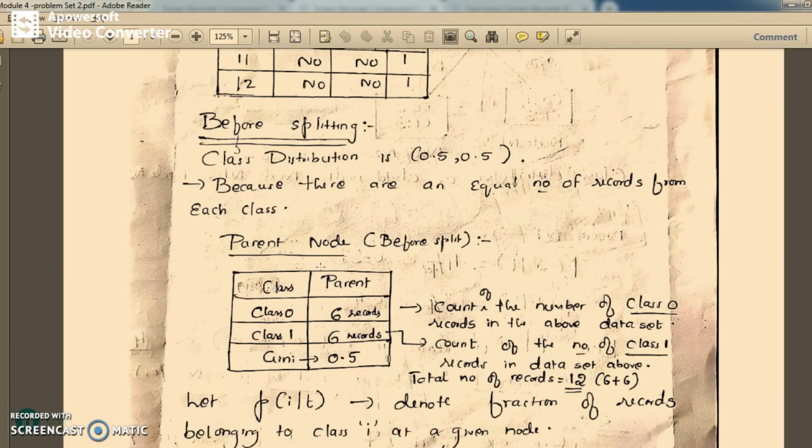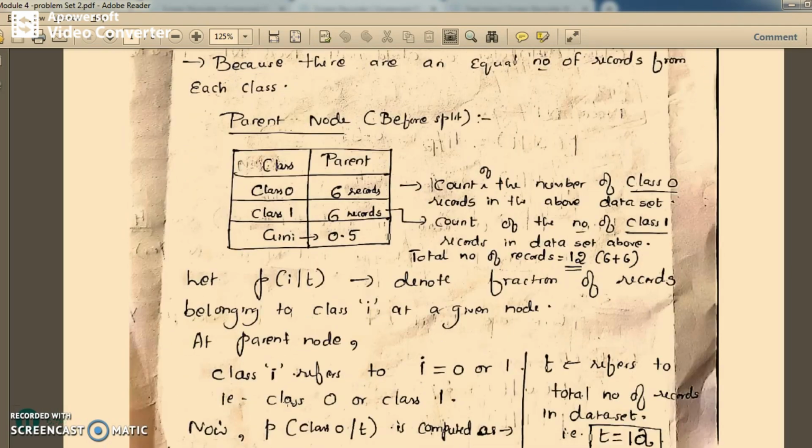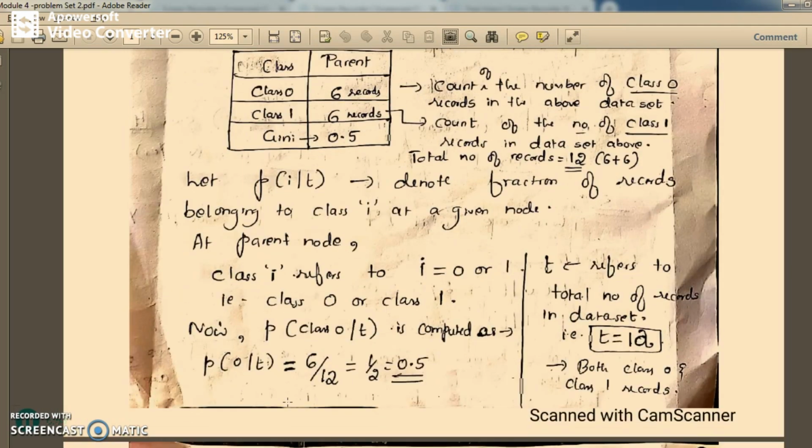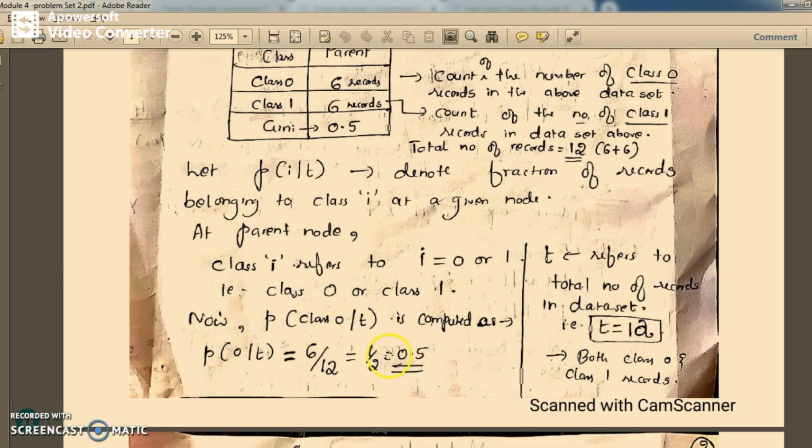Step 1 contains only one class record, and here you can see the distribution: class 0 has 6 records, class 1 again has 6 records. The fraction of records we had computed and kept ready. P of 0, the count of records belonging to class 0, and the count of records belonging to class 1. As per that, the values are 0.5 and 0.5.